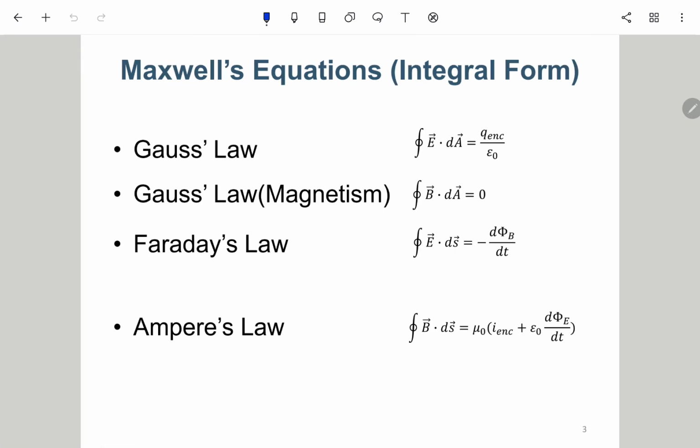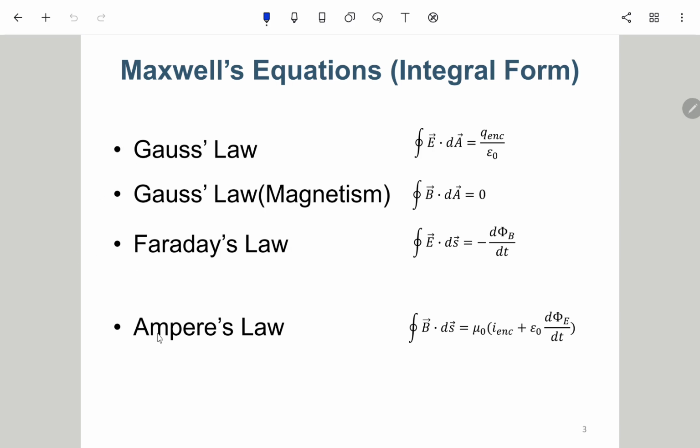Here is the integral form that you have learned in different chapters: the Gauss law in chapter 23, the Gauss law for magnetism in chapter 32, Faraday's law in chapter 30, and Ampere's law in chapter 29.